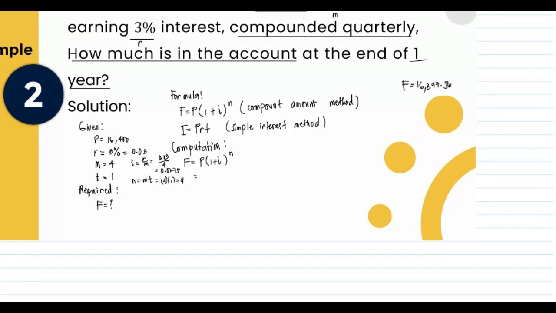So our P there is 16,400 times 1 plus I. What's our I? 0.0075, raised to n, which is 4. So 16,400 times 1.0075 raised to 4.